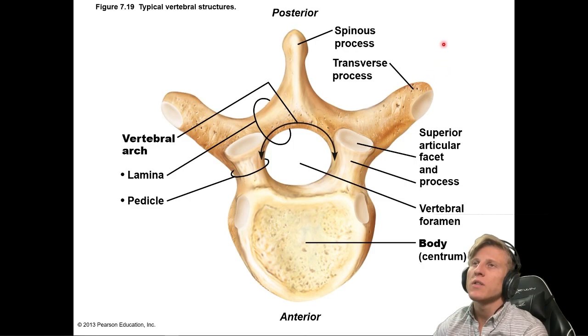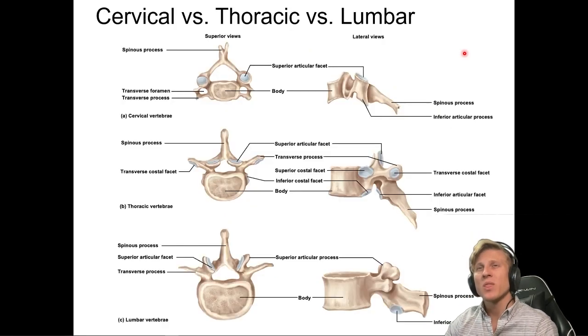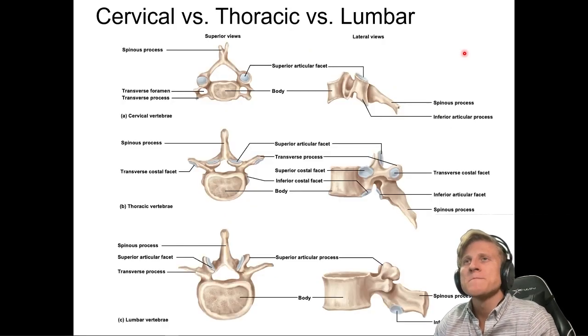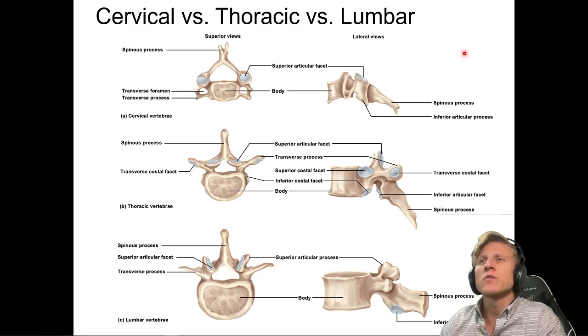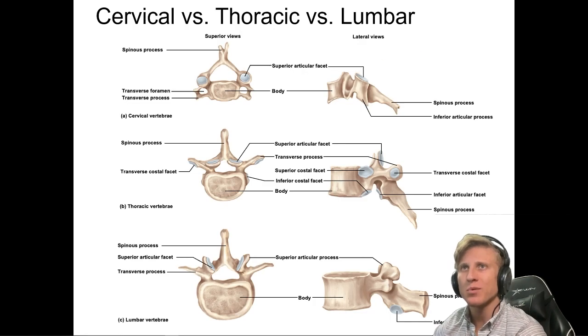We'll note on the next slide the differences between the vertebrae, because we really emphasize these as ways to distinguish between them. So how do we distinguish between them? Well, a couple different ways. We'll start off with cervical because cervical is the most self-evident type of vertebrae. Thoracic and lumbar can somewhat be more difficult to distinguish between. How is it easy to tell a cervical from the rest?